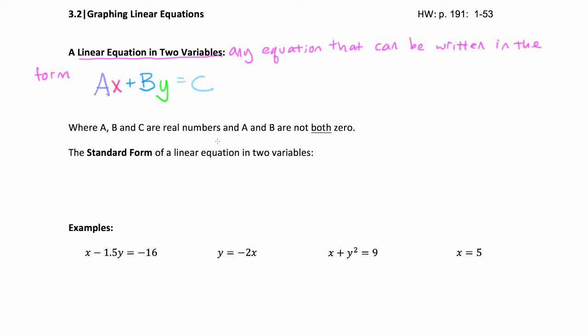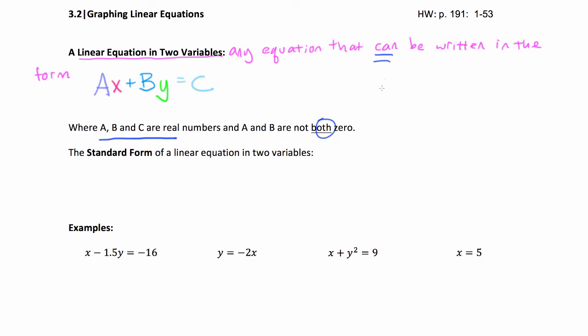Ax plus by equals c. There's a lot of other ways that these can be written, so this is just saying they can be written in this form. A, b, and c are real numbers, and a and b are not both 0. So one of them can be 0, and we'll look at some examples of what happens there. It's kind of weird.